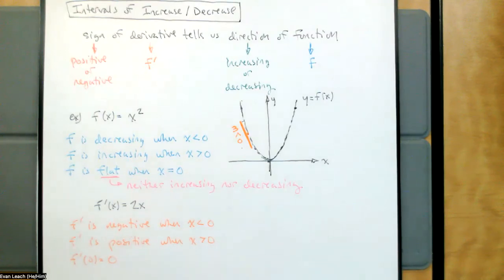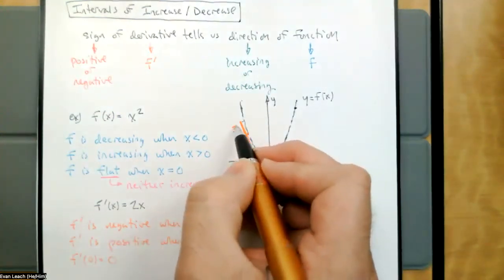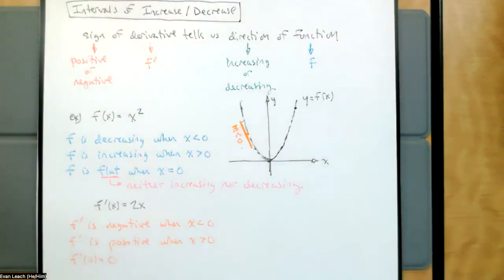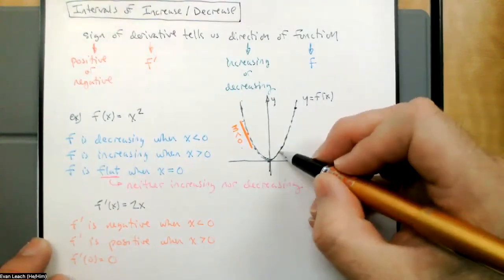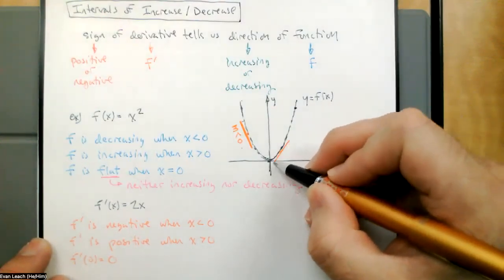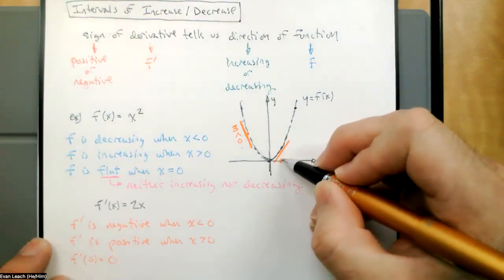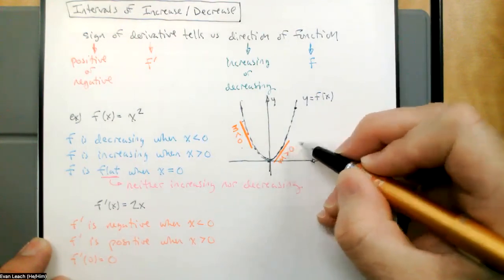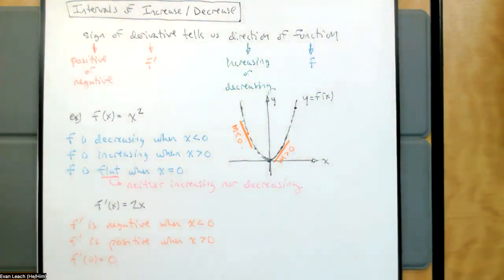That's a slope that is negative. I tried to write an m, that's not a 3. Here, I'll put a little tail on it. There we go. On the other side of 0, if we look at the tangent line there, it's going to have a positive slope. Positive slope means an increasing function.